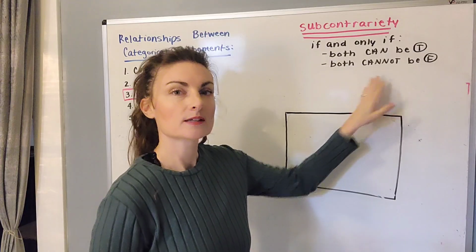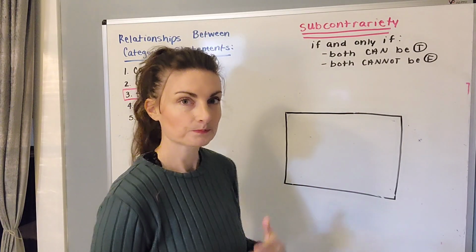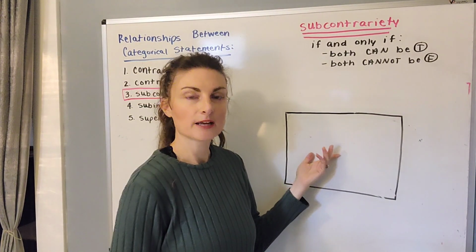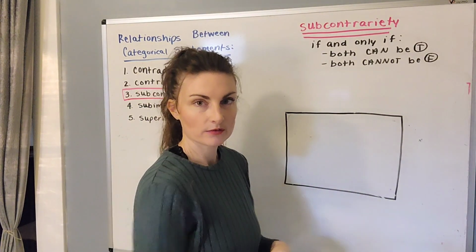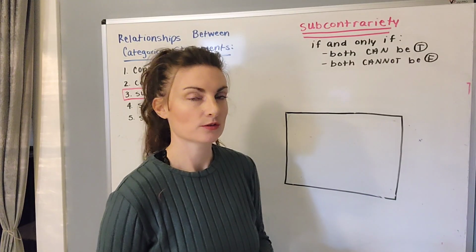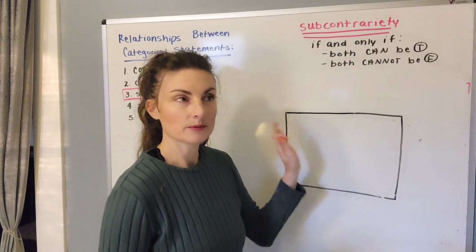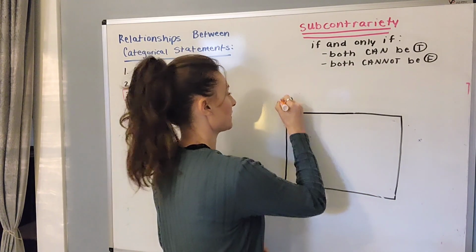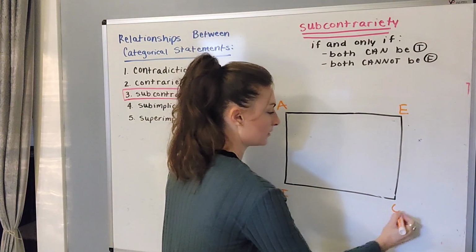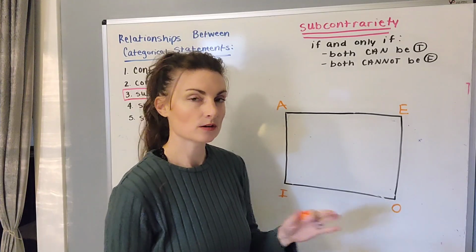So we're going to look at this, and we're going to get the information up on the square of opposition that we've covered already. As I've said in the past, in every lesson, I'm going to start with a blank square of opposition so we can fill it in, because this repetition helps us to memorize what we've already learned so far. So let's get to that first. First is our letters in the corners. We have A, E, I, O. And if any of this does not make sense, go back to previous lessons, where all of this is covered.